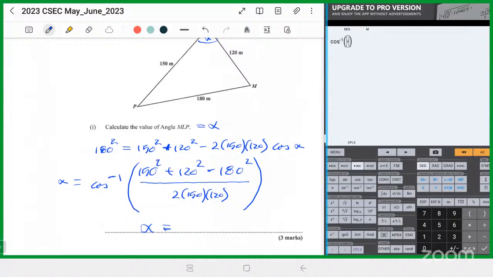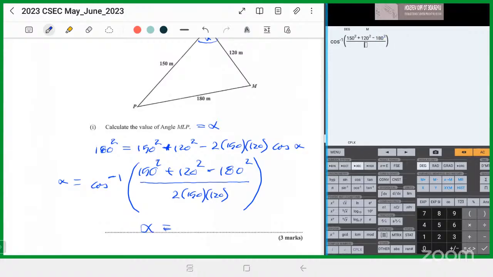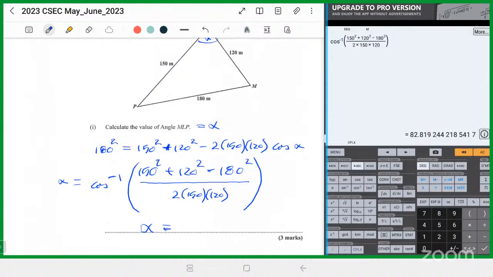So it's cos to the minus 1 of a fraction. On top of the fraction, we have 150 squared plus 120 squared minus 180 squared. And then we're dividing that by, I'm not going to put the bracket, I'm just going to write 2 times 150 times 120. Same thing. The calculator gives me 82.8, 3 significant figures. When I don't tell you the accuracy that they want, give it to 3 significant figures, and 1 decimal place in the case of angles in degrees.